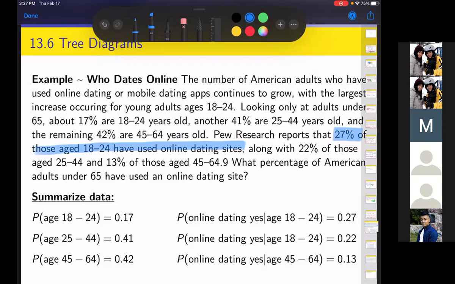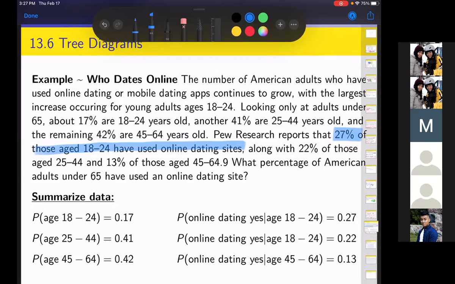Same thing with the next sentence here: 22% of those from 25 to 44 and 13% of those aged 45 to 64. So these just summarize. What percent of American adults under 65 have used an online dating site?